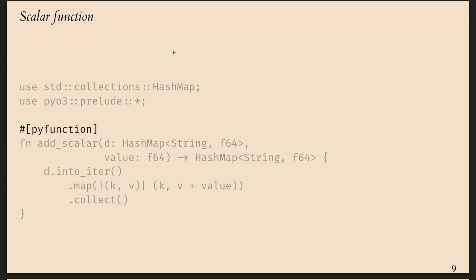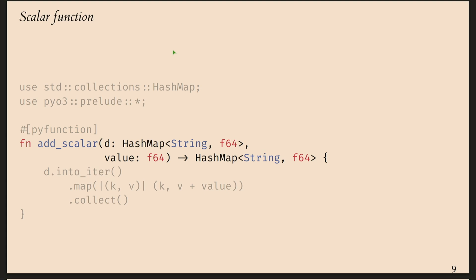In this case, what the Py function here does is it will automatically take your hash map, or take Python's dictionary in this case, turn it into a hash map. It will take that value of float 64.